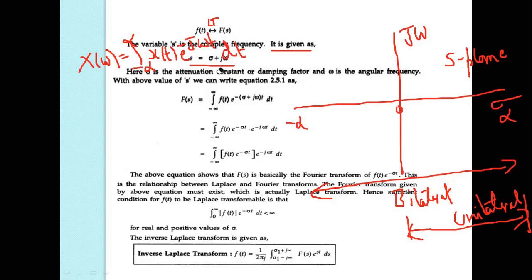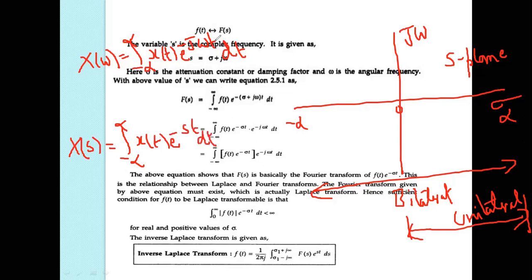Got it, my students? Now, what is the Laplace transformation definition? X of s is equal to the integral from minus infinity to infinity of x of t e power minus st dt.